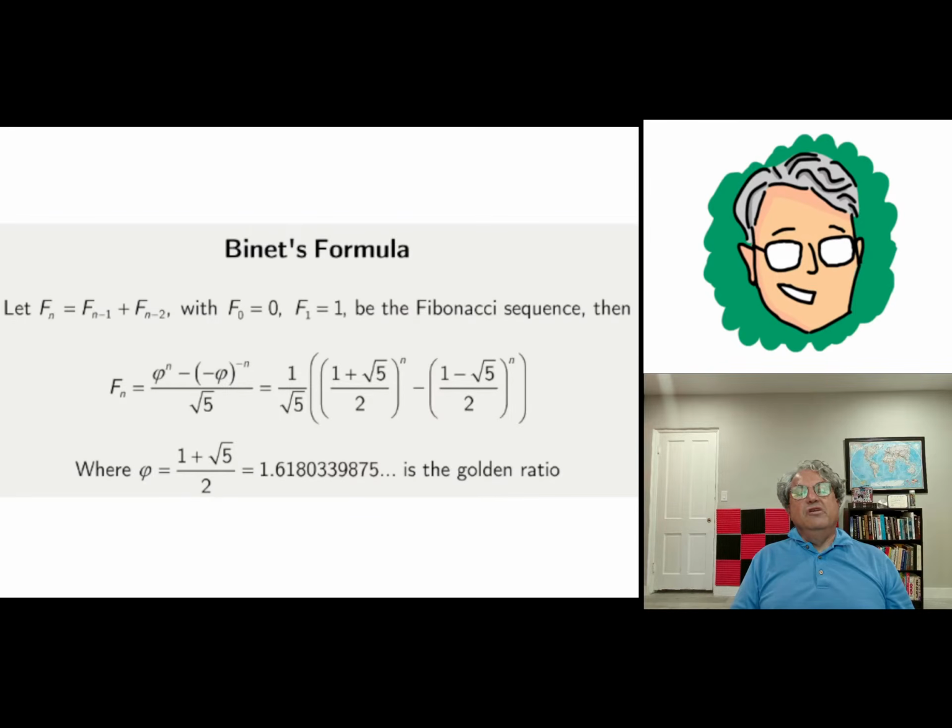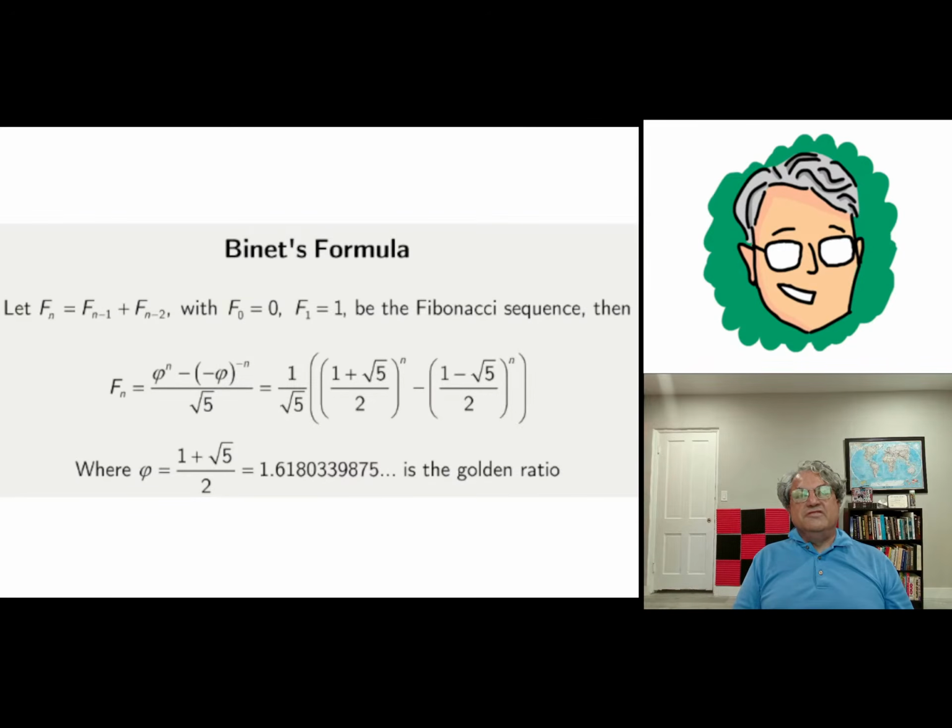And when n is large, the term on the right goes to 0 pretty quickly. That's kind of easy to see because its absolute value is less than 1. Like I said, (1 minus square root of 5) over 2 is minus 1 over phi. Phi is about 1.618.